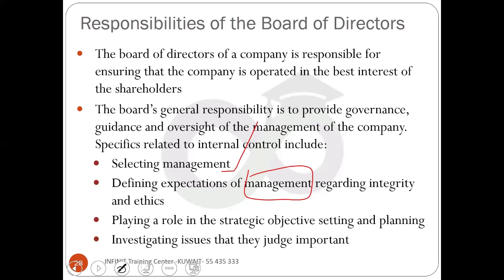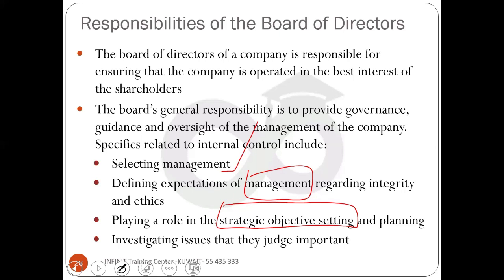Maybe directors are going to choose a CEO and the management at each level, maybe HR leaders, the sales leaders, the logistics leaders, whatever it is. What is expected from them? They will define the expectation from each of them, and play a role in strategic objective setting and planning.